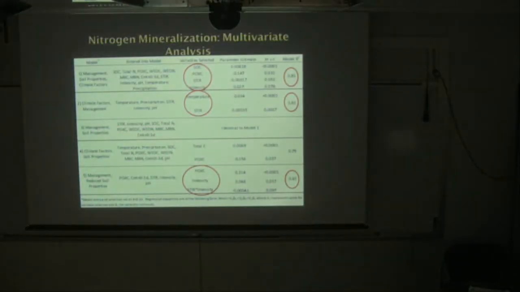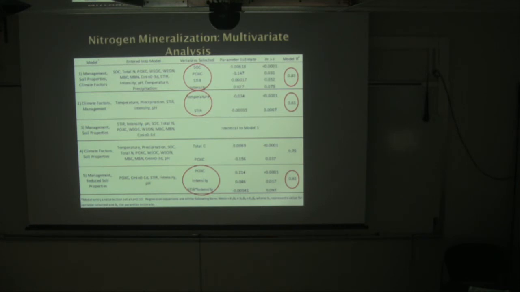In looking at this closer, again performing a multivariate analysis of N mineralization as the dependent variable and various combinations of management factors, soil carbon and nitrogen properties, and climate factors as potential explanatory variables.